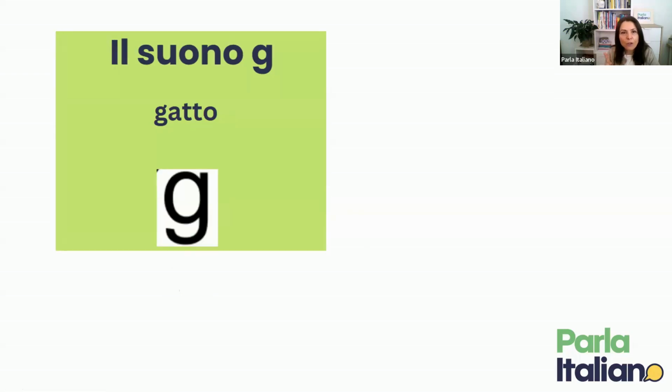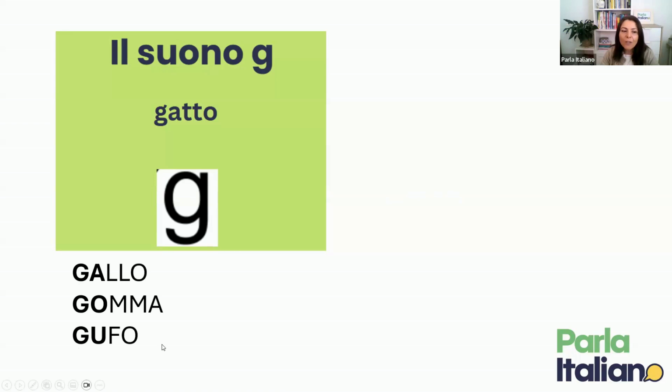Also, the sound G has two ways of being pronounced. You also have the sound G, as in gatto. Now, the sound G is written as the normal G. Let's have a look at a few words. For example, gallo, go, gomma, gufo.